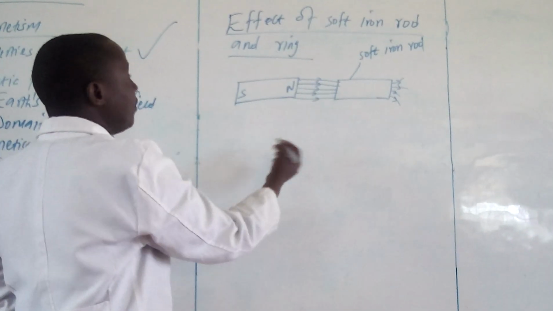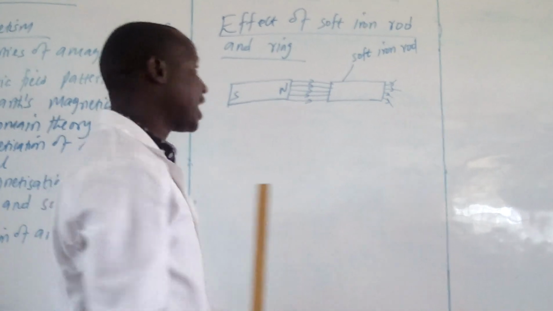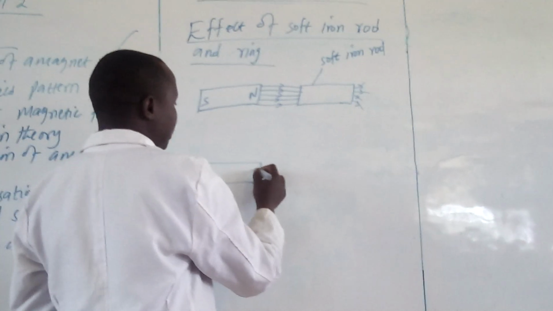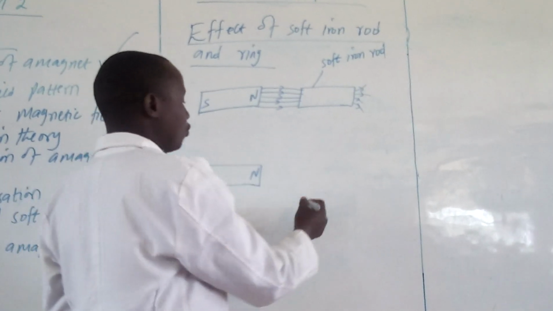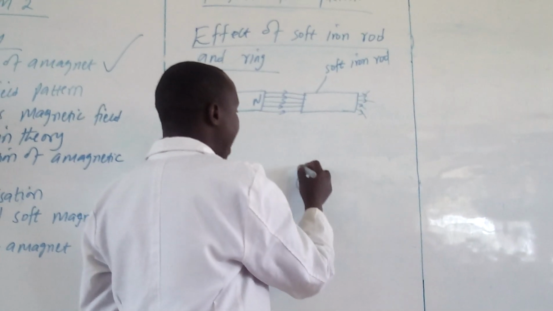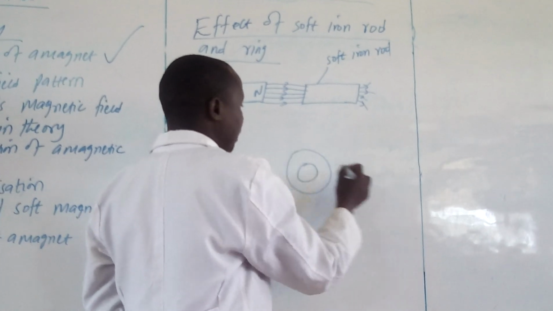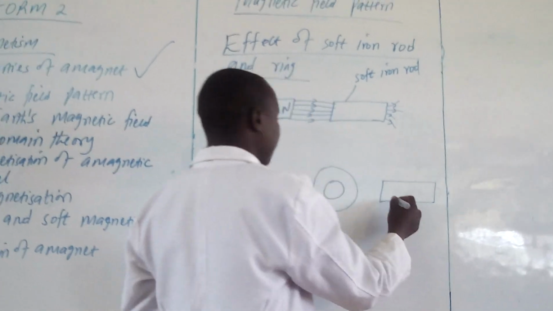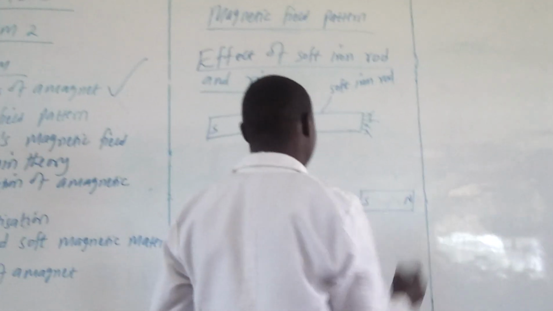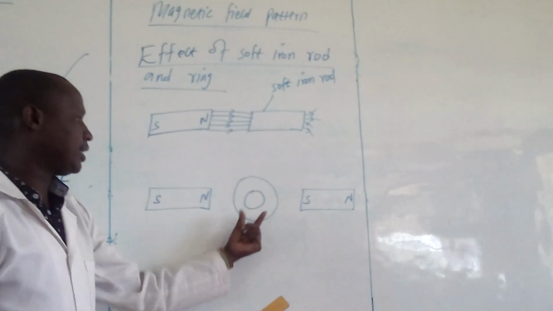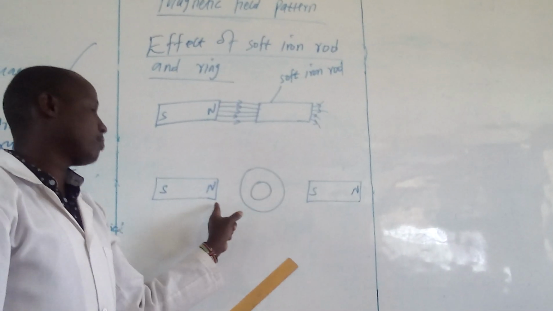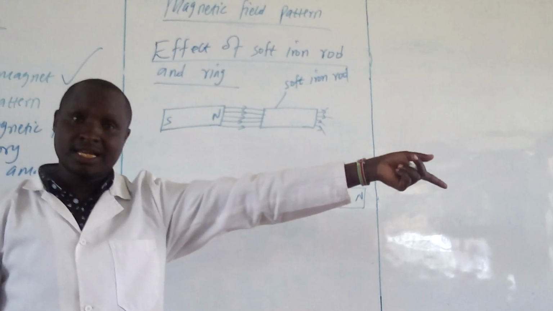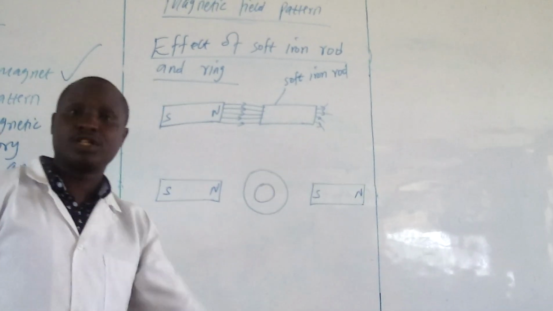What if we have a soft iron ring? If we have the bar magnet here, with this one the north pole and this one the south pole, and in between we have the ring, and on the other side we have a permanent magnet with its south pole facing. Here there will be attraction, and the magnetic field lines will be directed towards the south of the other magnet, because unlike poles attract.